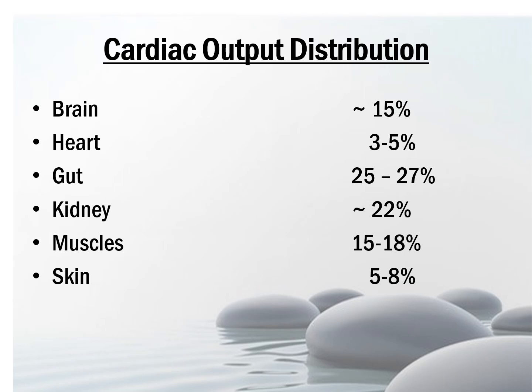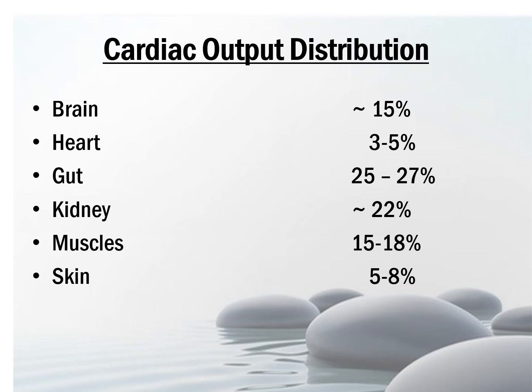For example, the body knows that the brain is the essential component of who we are, our identity, our personality, whatever you like to think of that. And the brain off the top gets 15% of cardiac output. So that means that the remainder is going to be divided among the other organs.